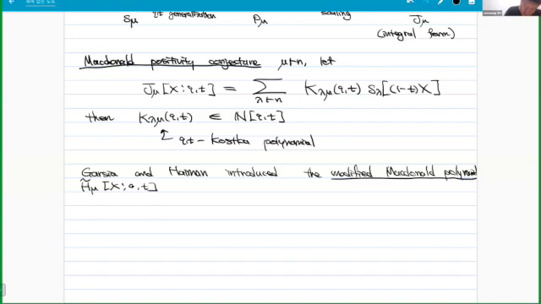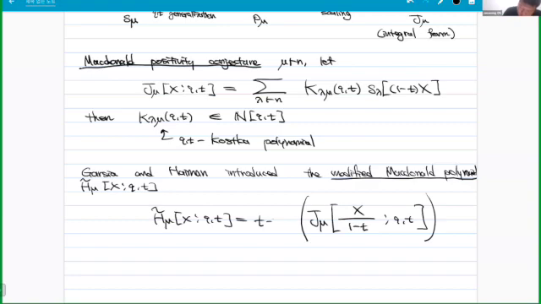H tilde mu is defined by a plethystic substitution into the Macdonald J polynomial, X over 1 minus t, and then taking t reversal. Then you get the modified Macdonald polynomial.